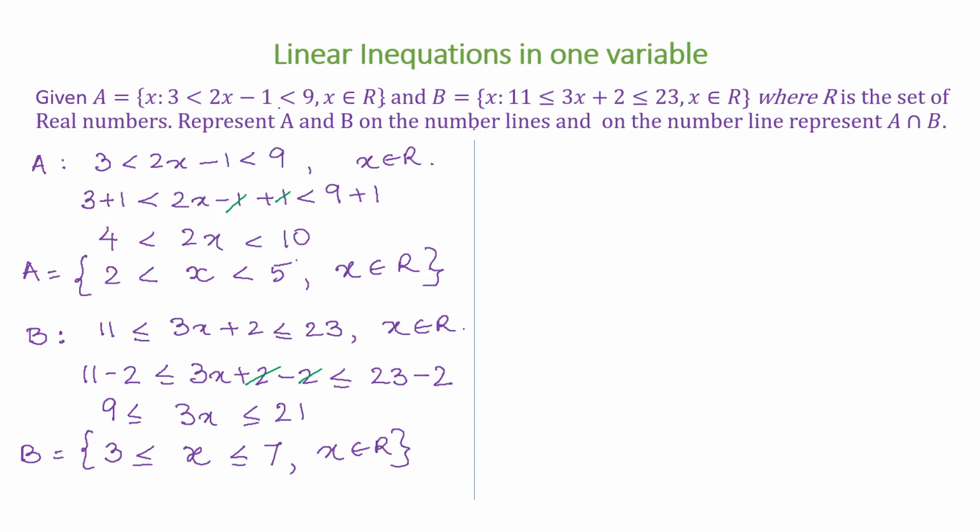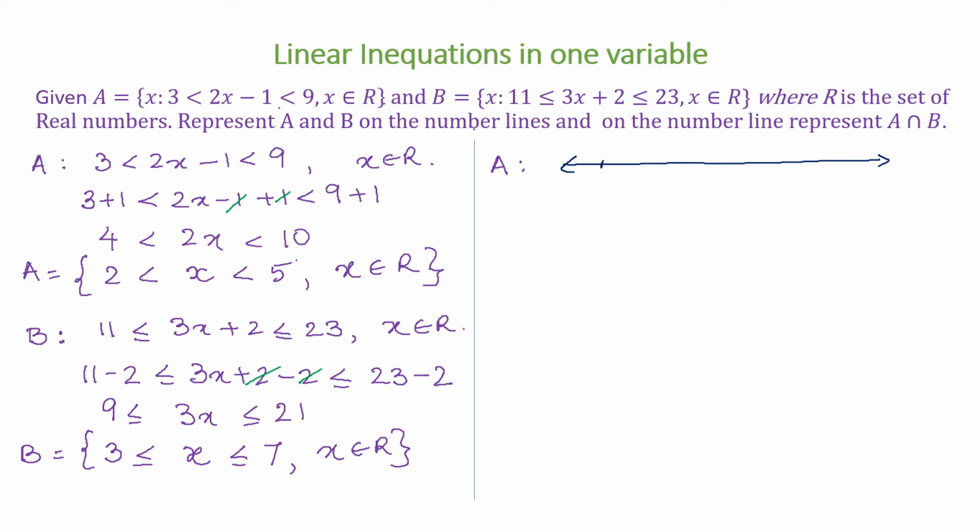Now I want to represent both A and B on the number line. So I will write down A on the number line, which is between 2 to 5.